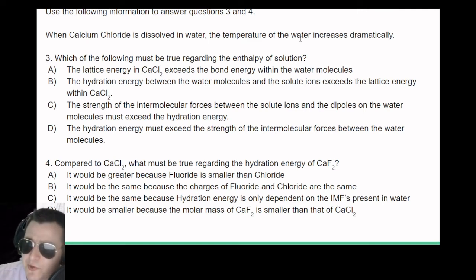Because the attraction between full positives and negatives is greater than partial positives and negatives. And then D is always true because the full positives and negatives always exceed the attraction between partial positives and negatives. C and D are effectively the same thing.